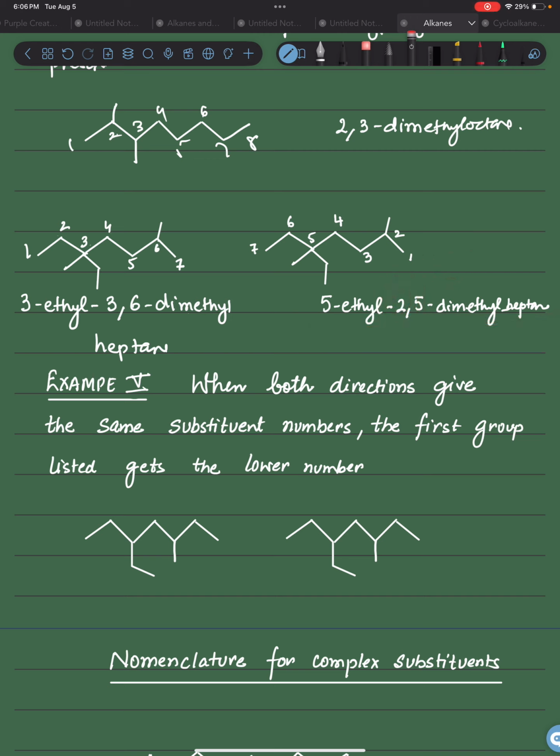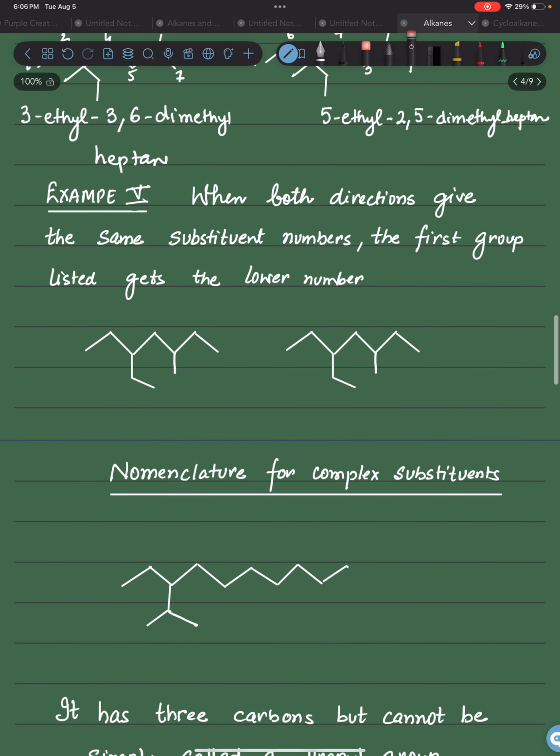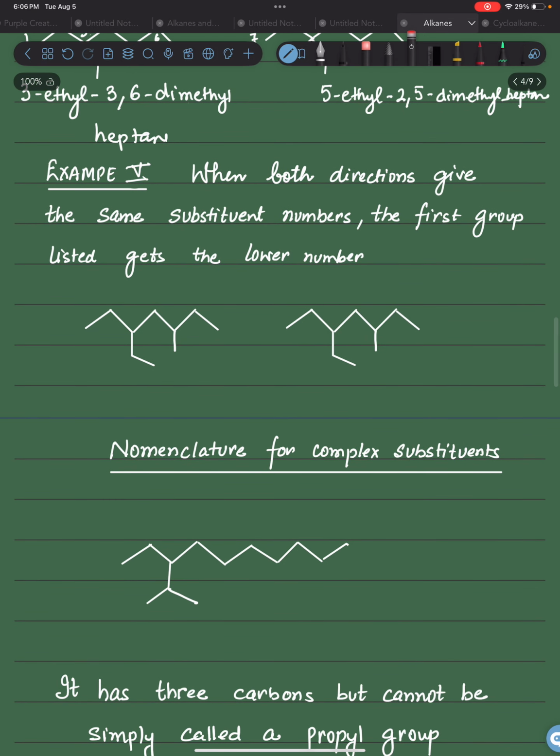Fine. Now next, when both directions give the same substituent number, then the first group listed, which means the one which comes first in the alphabetical order, gets the lower number. Okay, so let's see how this goes. If I go 1, 2, 3, 4, 5, 6, 7. If I go the other way around, 1, 2, 3, 4, 5, 6, 7.